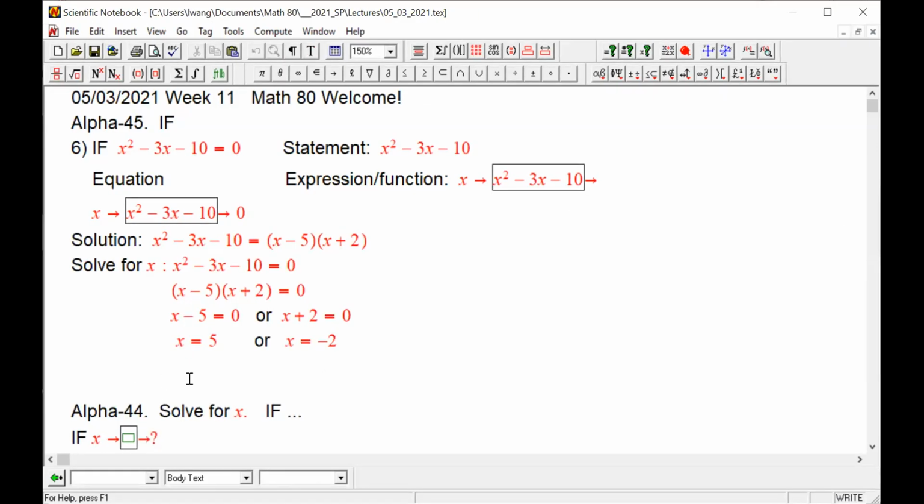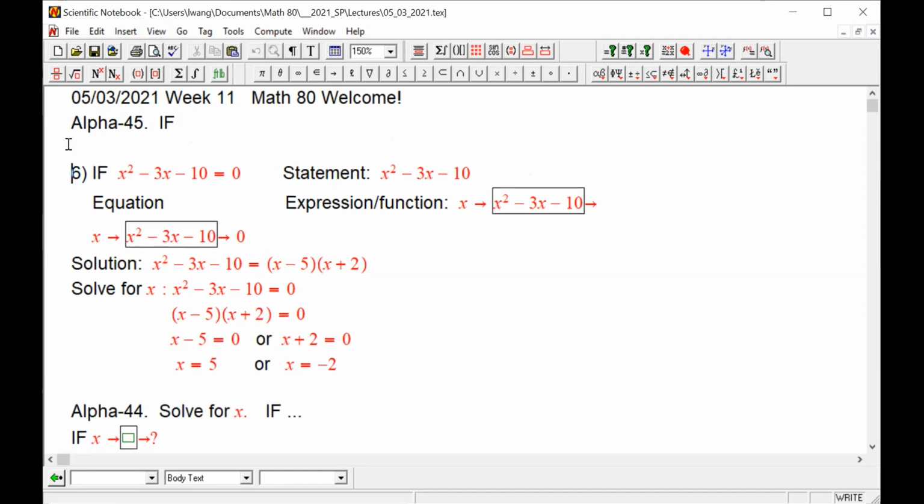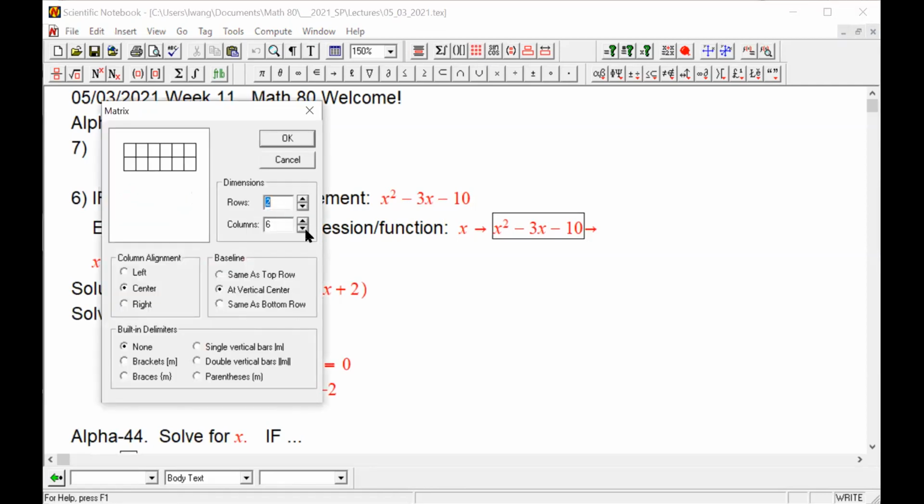Some of these questions require some factoring. For example, let's work on number 7. Let's see if you still remember some of those factoring techniques we need. Number 7, if you put it in table form, I'm going to make 2 columns, 2 rows is fine.